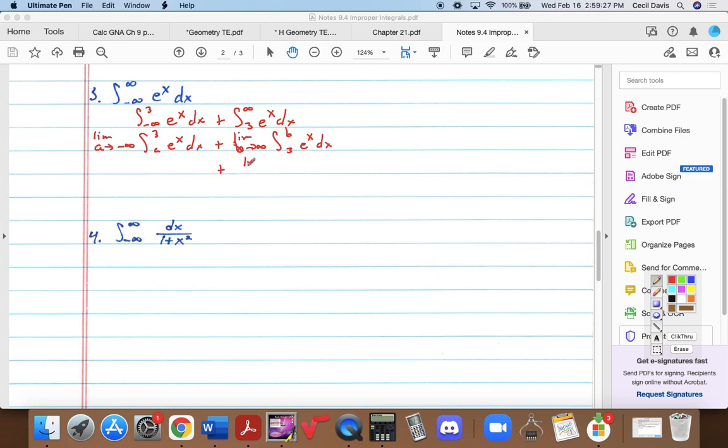So this will be the limit as b goes to infinity of e to the x from 3 to b. So it'll be the limit as b goes to infinity of e to the b minus e cubed, which is infinity. Therefore, it doesn't matter what this one does, the integral diverges.